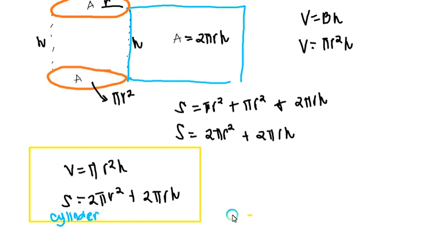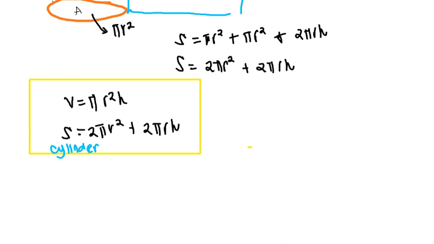Okay, so amo na siya ang mga formula for the volume of specific na solids. So ang wala na lang naton subong na solve is the volume and surface area of a cone.